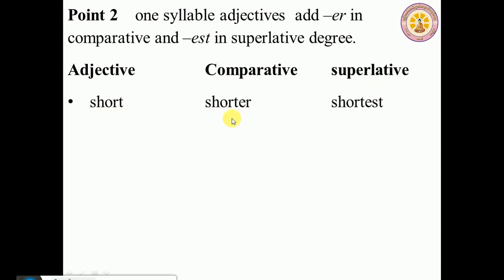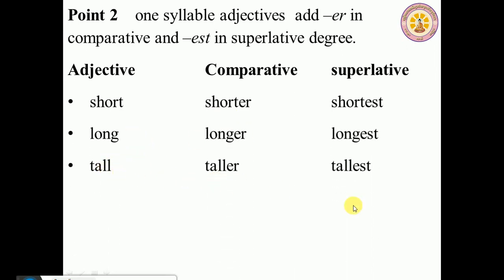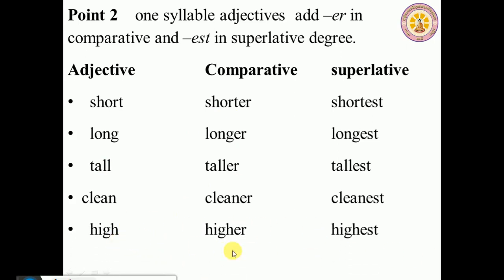Like short becomes shorter, shortest; long, longer, longest; tall, taller, tallest, right? Clean, cleaner, cleanest; high, higher, highest; cheap, cheaper, cheapest. These are just some examples. If you want to learn more about the comparative or superlative, the list of spellings, you can go to Google and download the list of comparative and superlative degrees of adjectives. So it's just some examples only.